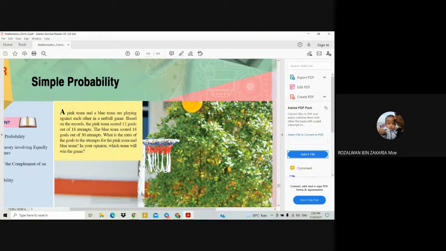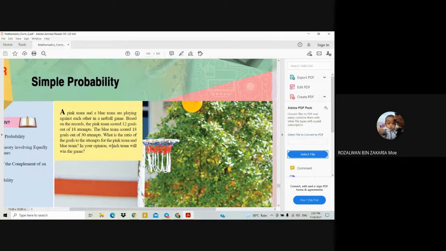So for this one, we will know which team has a huge opportunity to win the game based on the ratio given.